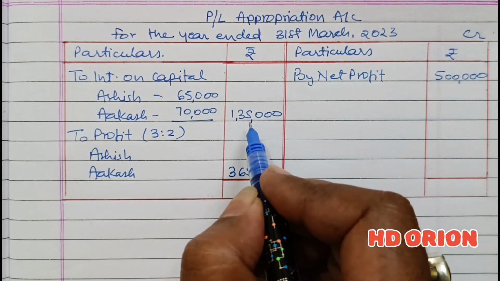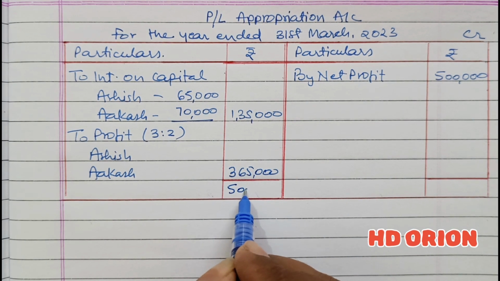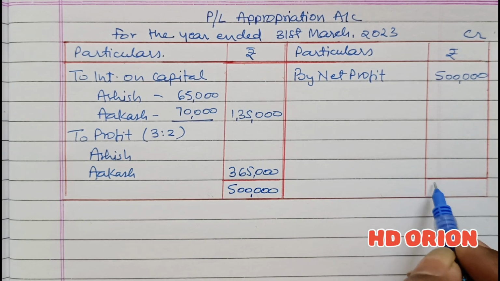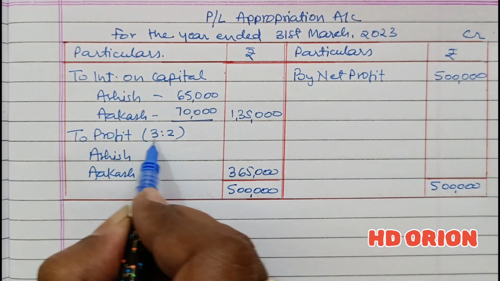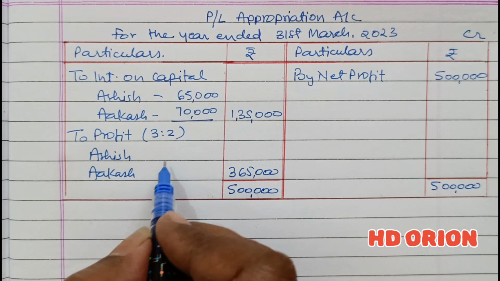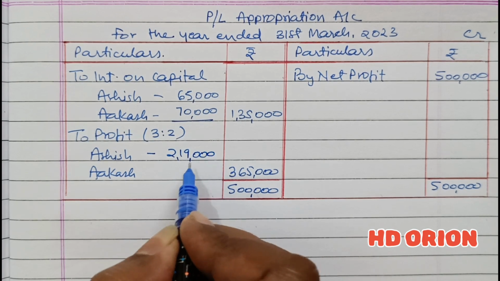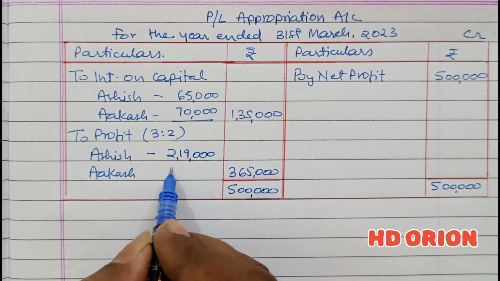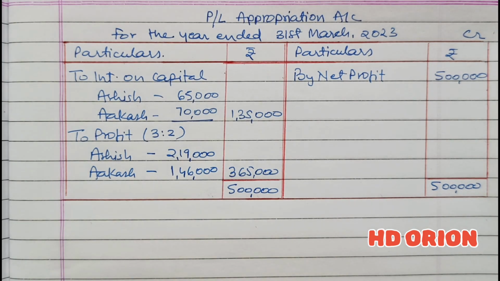You see, 5 lakh minus 1,35,000 is 3,65,000. So this is the divisible profit, 3,65,000. When you break it in the ratio 3:2, the first partner is getting 2,19,000 and the other partner is getting rupees 1,46,000. So this is the solution for the question.